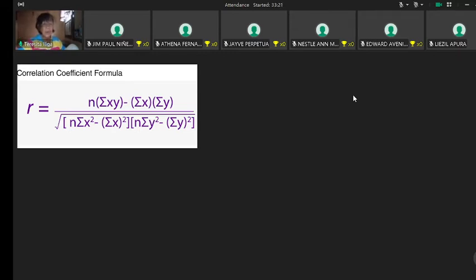But if you get +1, you will say that this is a positive correlation. To give the decision, you will have to say that the mass of the person, with a value of positive one, has a strong positive correlation with the height of the person.